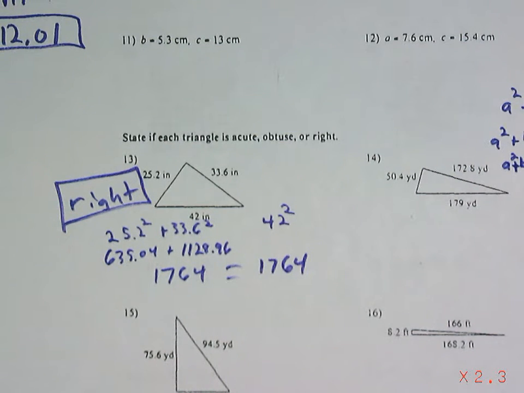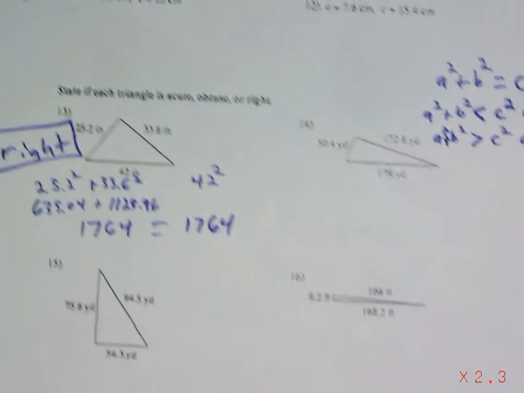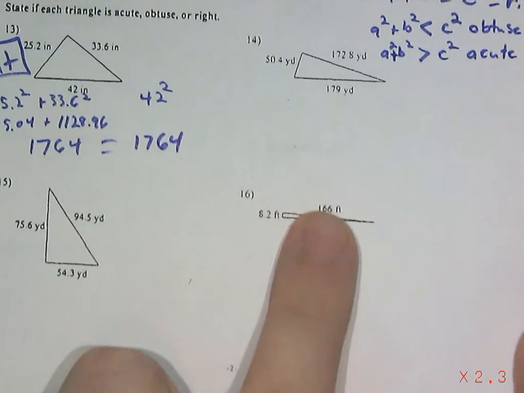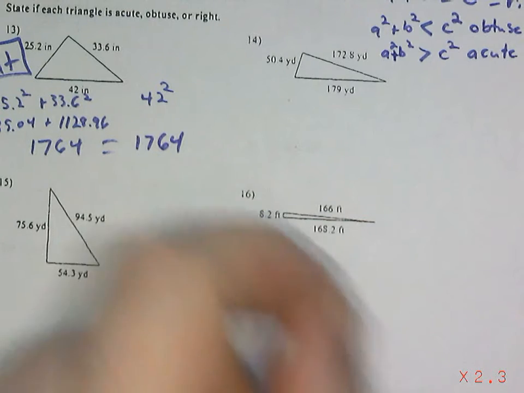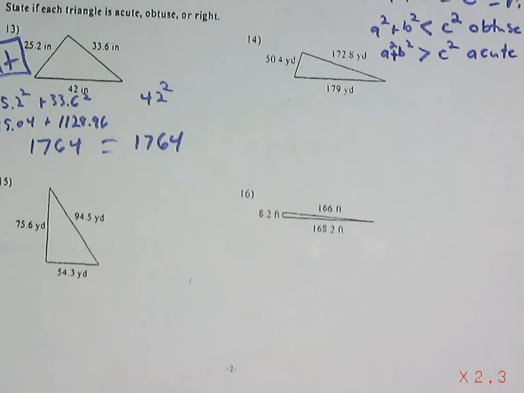Okay, so that's one. Let's try another. Now I can probably tell what this is going to be just by looking at the triangle. It's a small acute triangle, right? But let's see if the sides verify that for me.